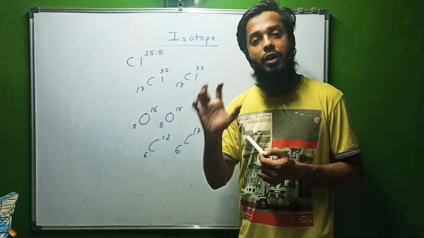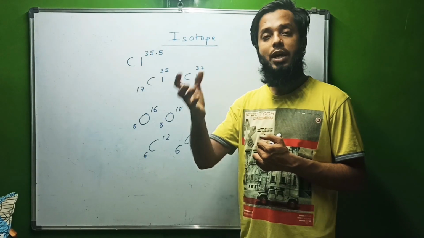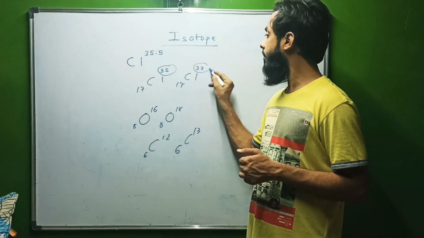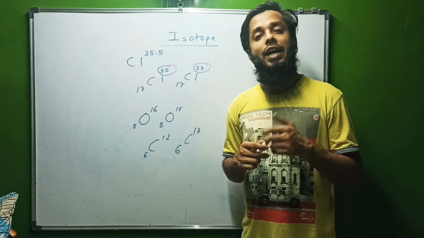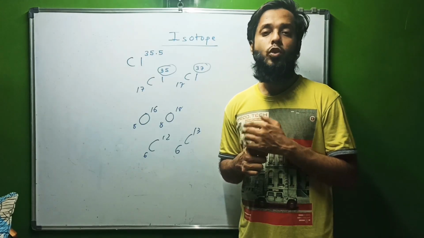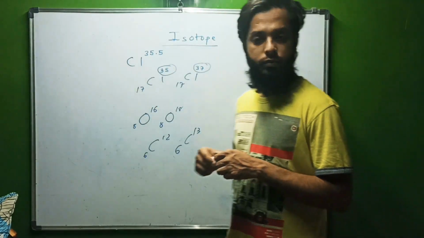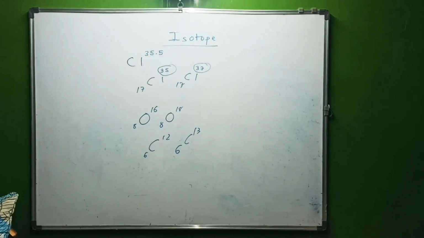Now while writing the atomic mass, for example in the periodic table, which value should we write? So there is a calculation that's called average isotopic mass. Let's see this for chlorine.